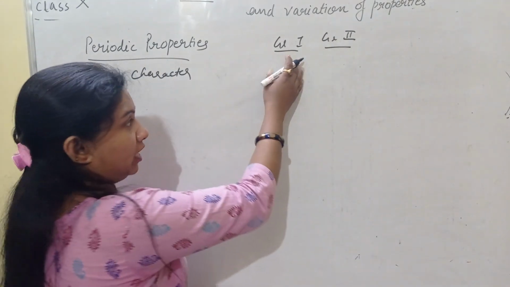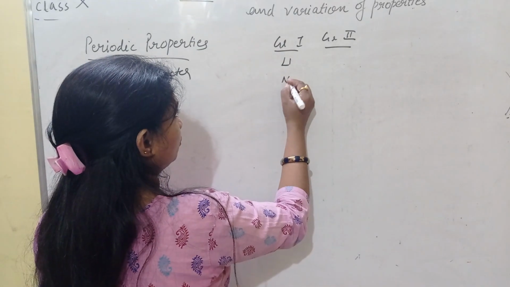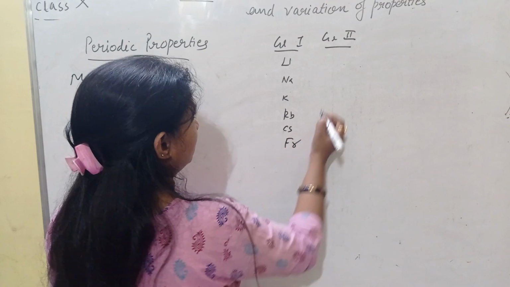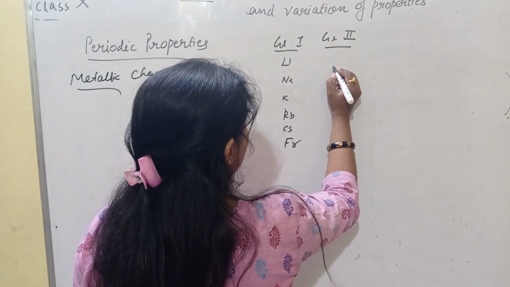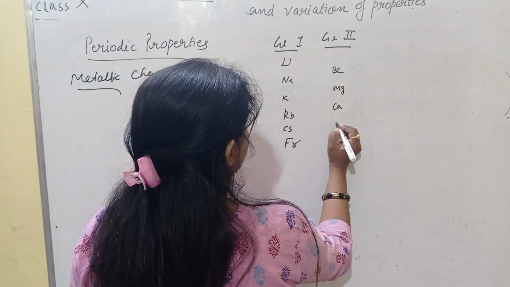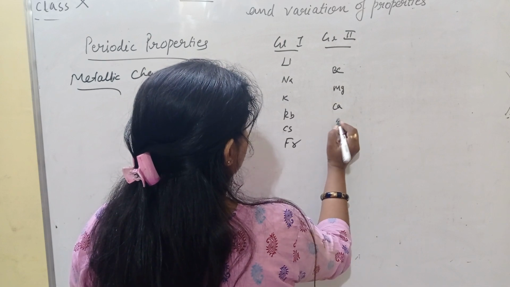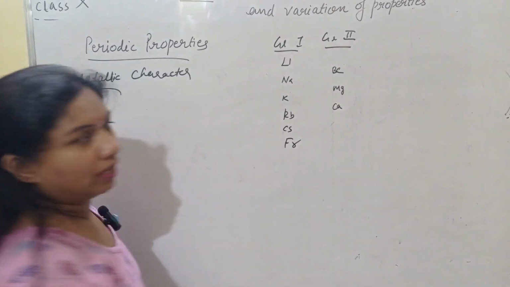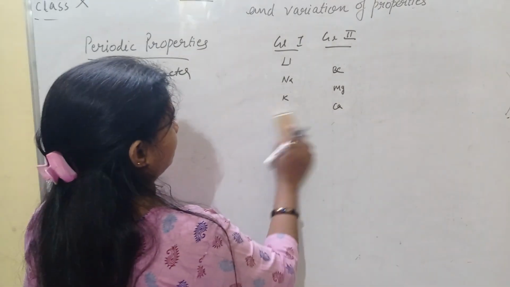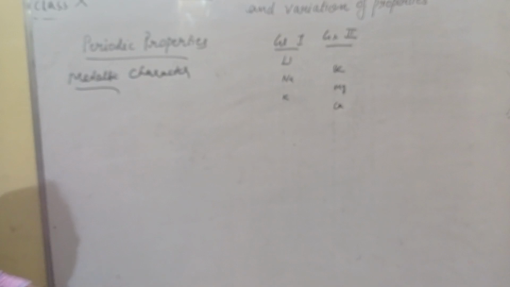In group 1, except hydrogen, we have lithium, sodium, potassium, rubidium, cesium, francium, and in group 2 beryllium, magnesium, calcium. This much is sufficient. You have to learn up to calcium, potassium. Okay, so these are metals.